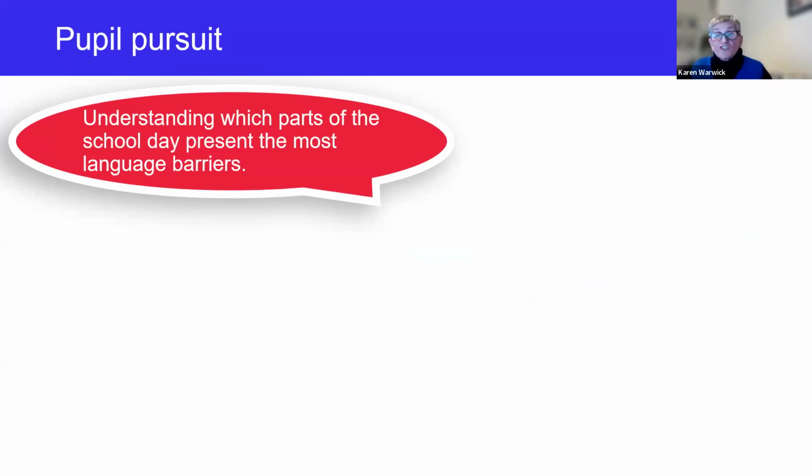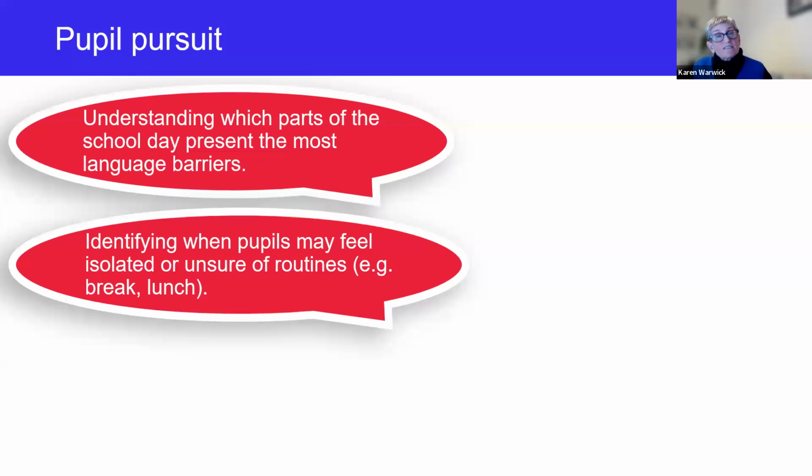You could observe when there were challenges or not throughout the day, and what you could do to address them. You identified when the pupils may be feeling isolated or unsure of routines, and so that you could think about how you could address that.